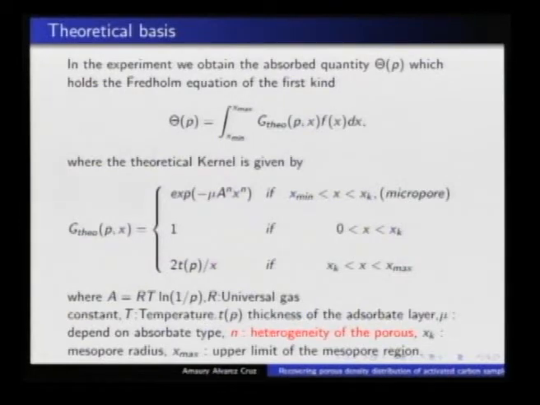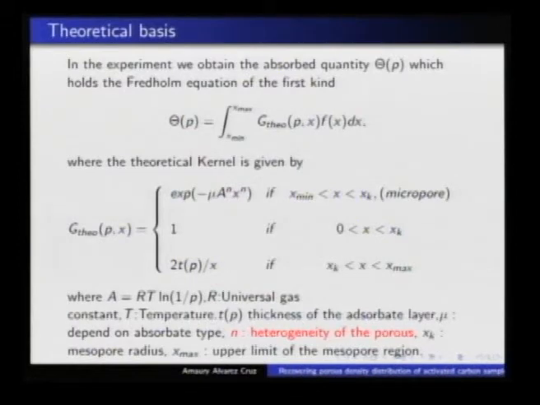The kernel is a theoretical kernel that satisfies, for example, one simple isotherm for one fixed temperature. This isotherm for micropores has this structure, for example. This is known as the Dubinin-Astakhov isotherm that is valid in the microporous region. And we have another expression for the mesoporous region.